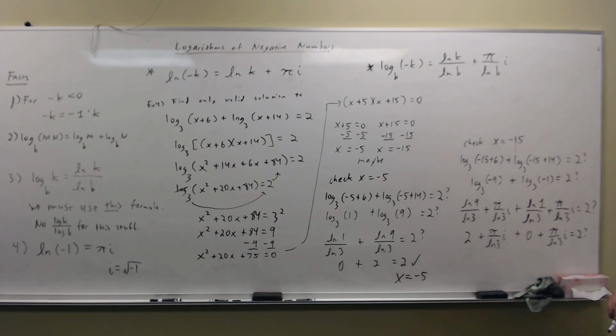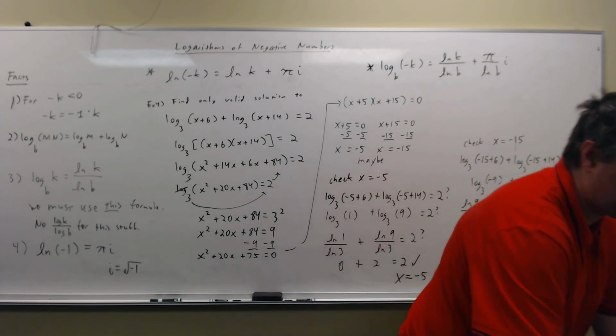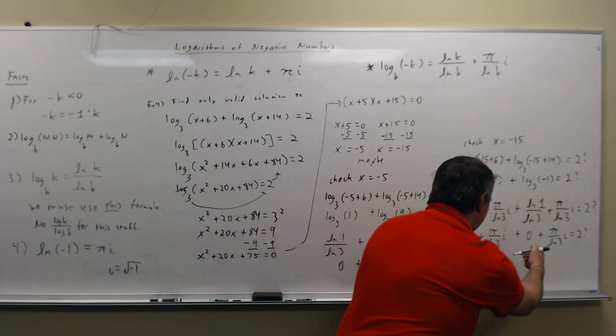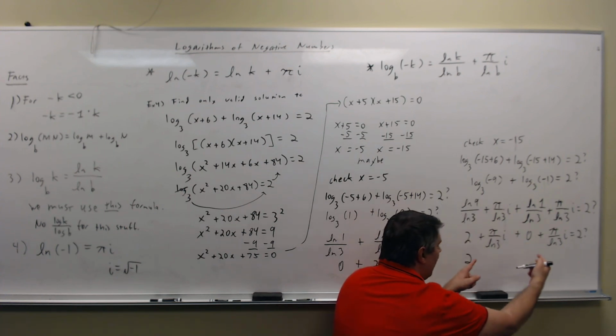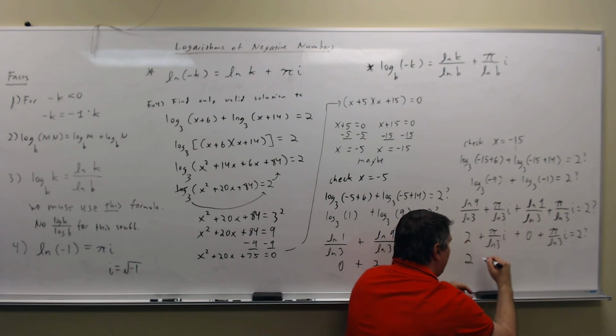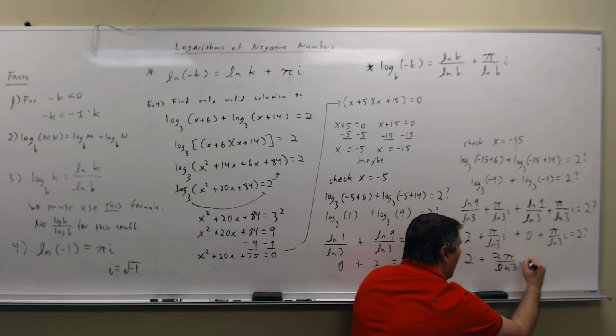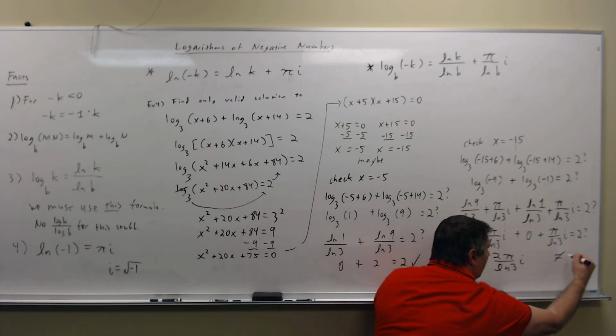Okay, so simplified, the real components, 2 plus 0 are 2, and these two combine into 2 pi of these. Pi plus pi is 2 pi. So 2 pi over the natural log of 3 times i does not equal 2.